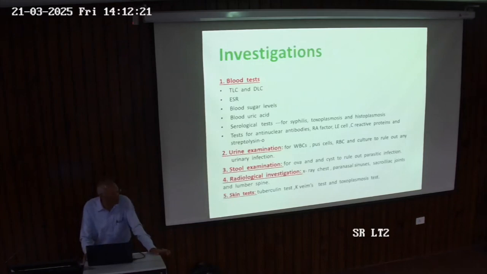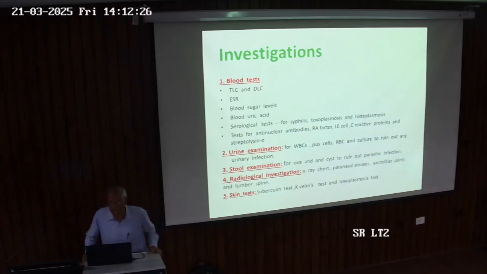Investigations. Almost every disease can cause uveitis. There are some investigations that you must do just to diagnose, because certain features come there. Like blood counts, TLC, DLC, ESR, blood sugar level, uric acid, serological tests for syphilis, toxoplasmosis, histoplasmosis, then antinuclear antibodies, RA factor, LE cell phenomenon, C-reactive protein, and antistreptolysin O. Urine test, for RBCs or blood.